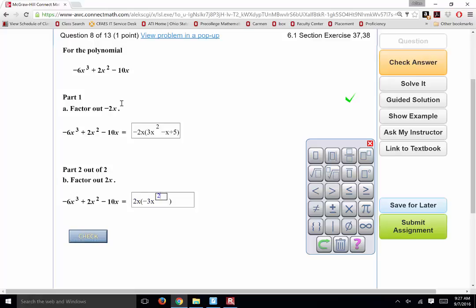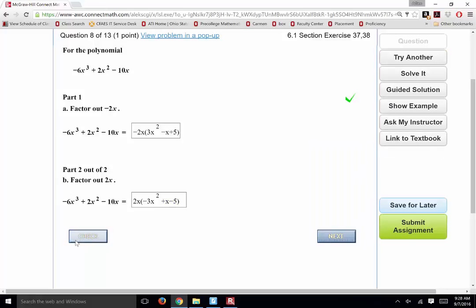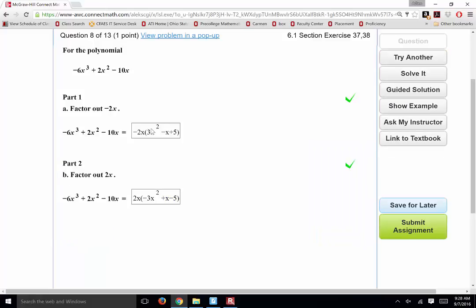So the answer is the same as the one above, except with the original signs from the expression. Yeah, it's hard to go in once you go out. Just use arrow keys once you mark some term, okay? So it is plus x and minus 5 then. It's just the opposite of these signs.